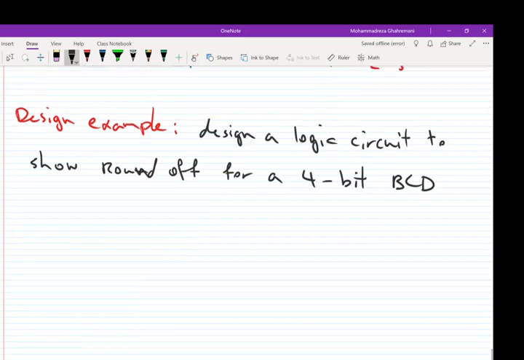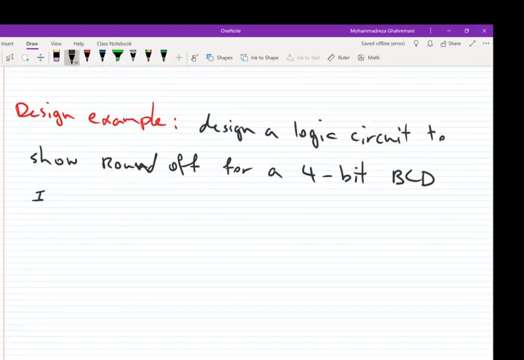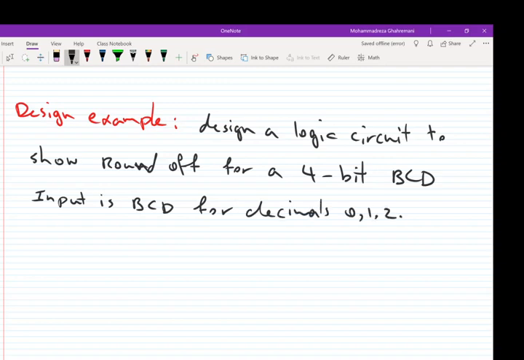We know what BCD is. Input is BCD for decimals 0 up to 9.